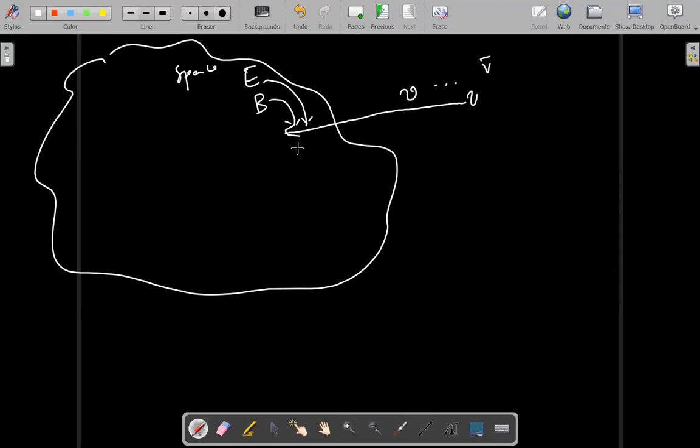The force on an electric charge: this is a 1 mark question, an important question. What is called the Lorentz force?